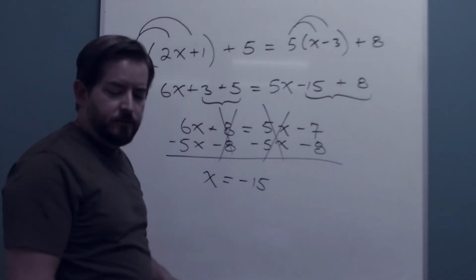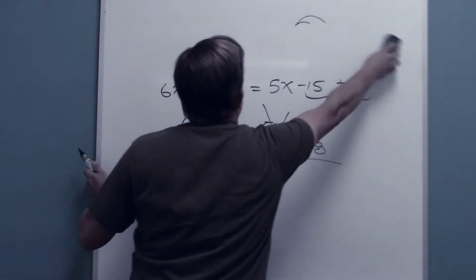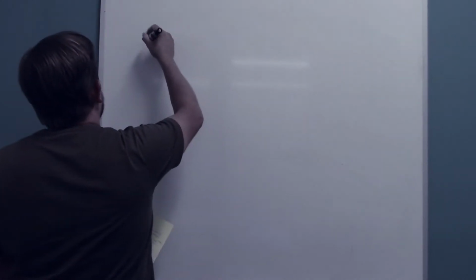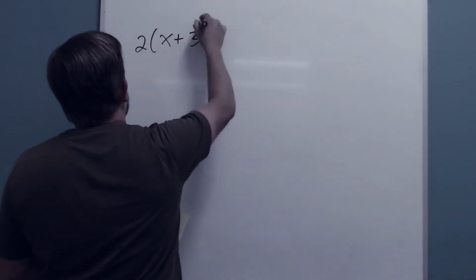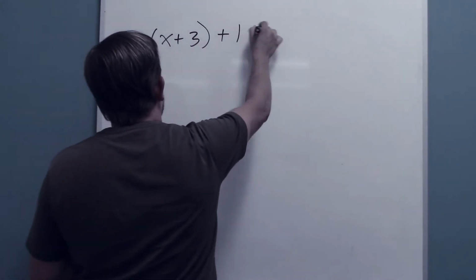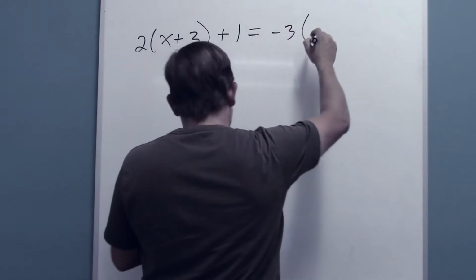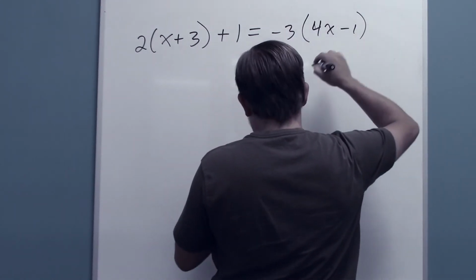Let's take a look at another one. Let's look at, say, this one. 2 times x plus 3, plus 1, is equal to negative 3 times 4x minus 1, and then plus 8.